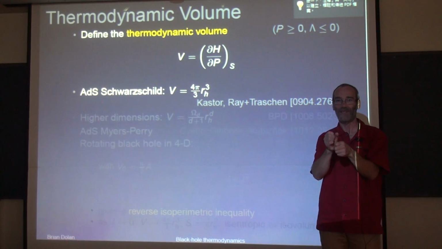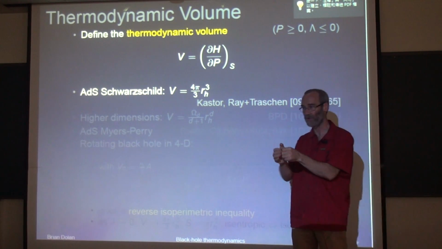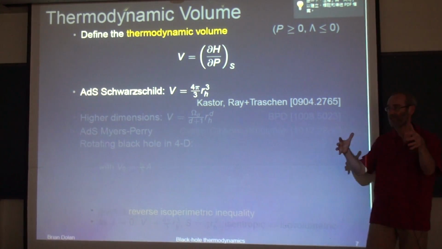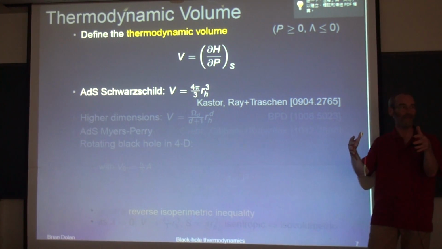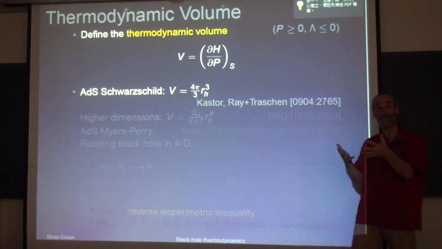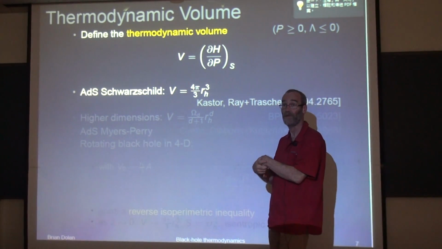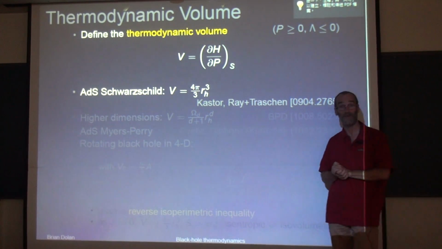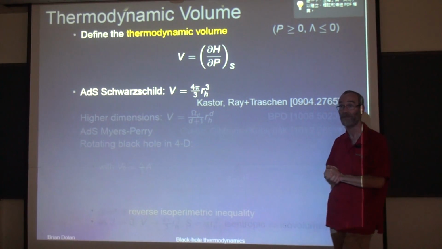So to say that the volume of the black hole is obtained by adding up the volumes of little shells inside the event horizon is utter nonsense. It's not a volume in any ordinary sense. In fact, inside the event horizon, the metric isn't even time independent. It's a complicated time-varying function, a funny kind of cosmology inside the event horizon.